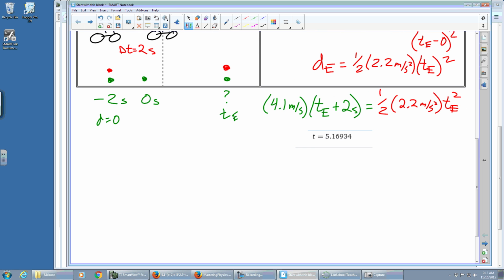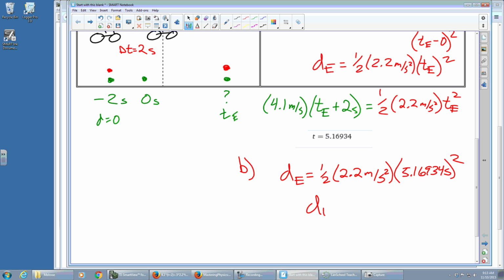This is part B now, and I'm solving for D sub E: 1/2, 2.2, and then my time, 5.16934 seconds squared. And I find out how far she has traveled.